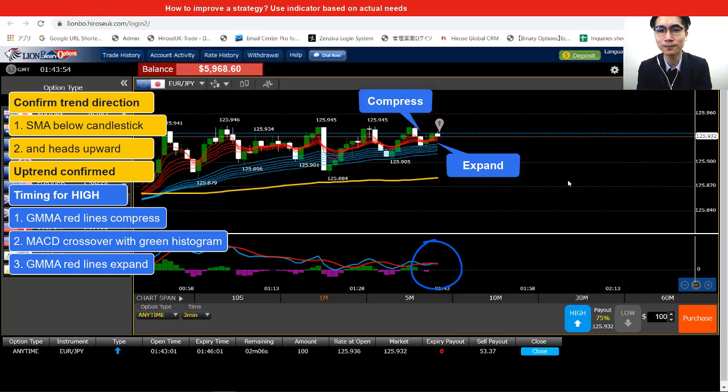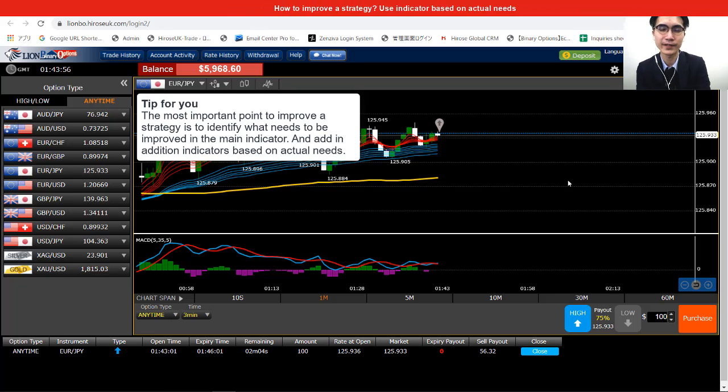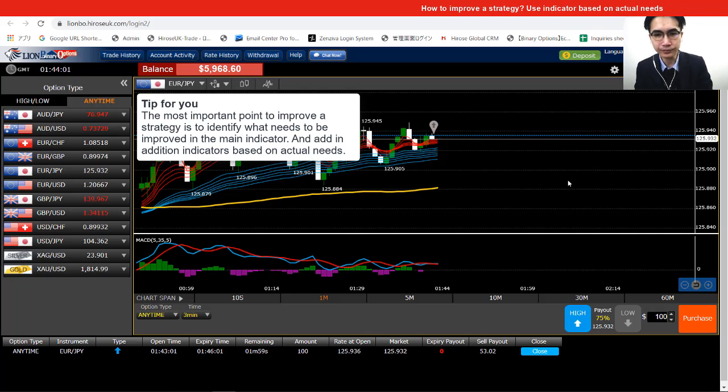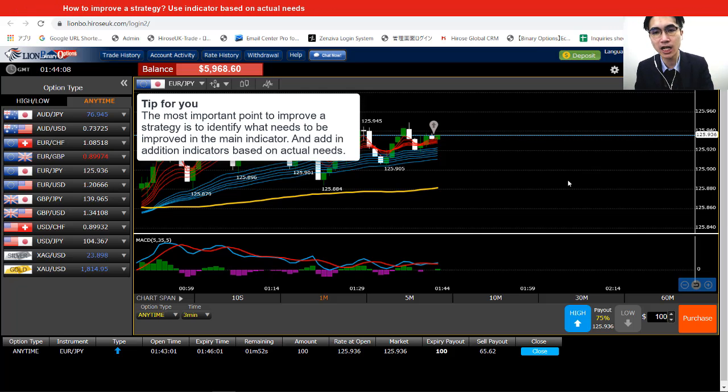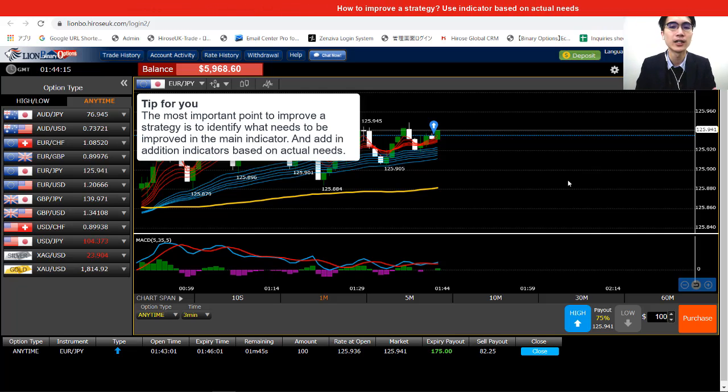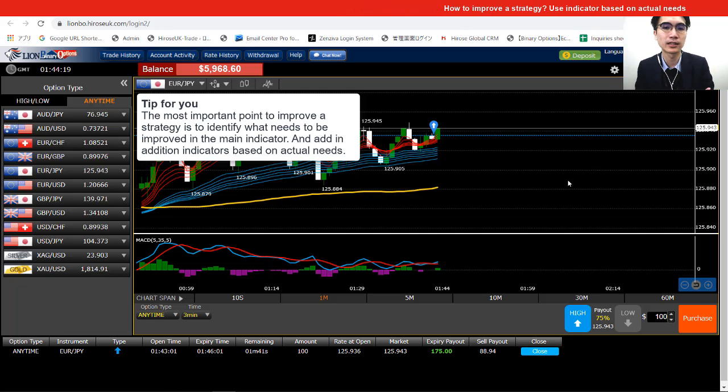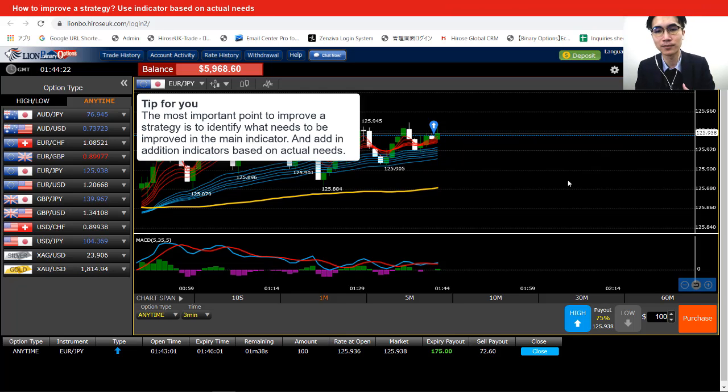But anyway, the point for you to improve a strategy is first, again, you need to look for the main indicators. By inserting the main indicators in your chart, you will then notice what needs to be improved. For example, here the GMMA is not enough to identify a clear trend direction. That's why I put in the simple moving average there, whose main function is to identify trend direction.